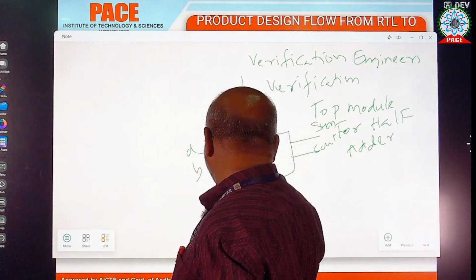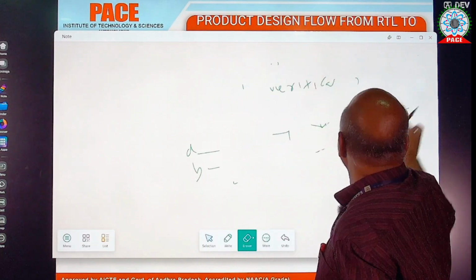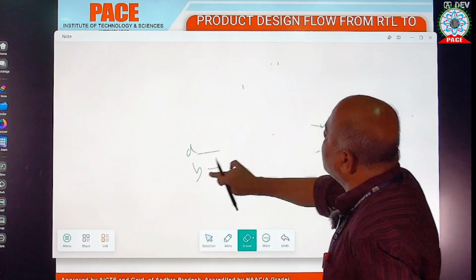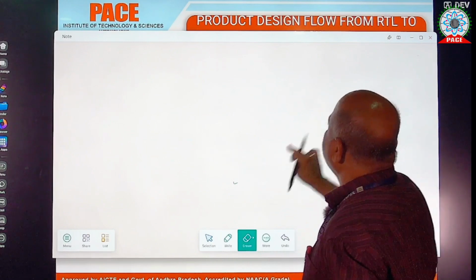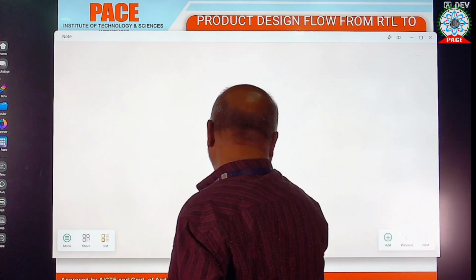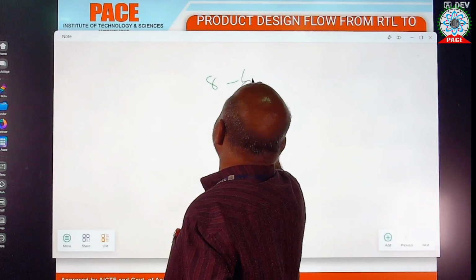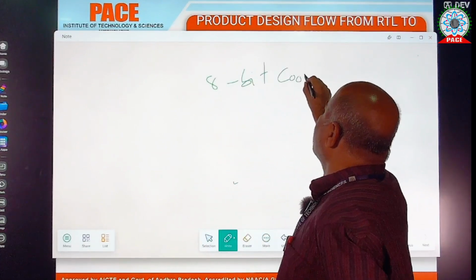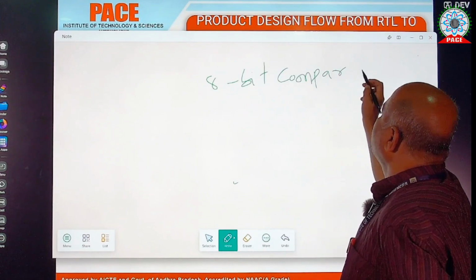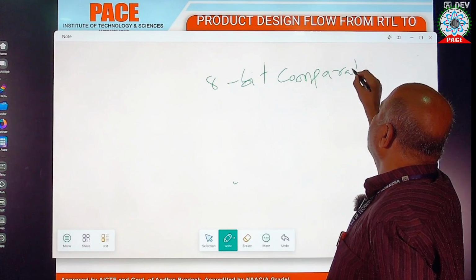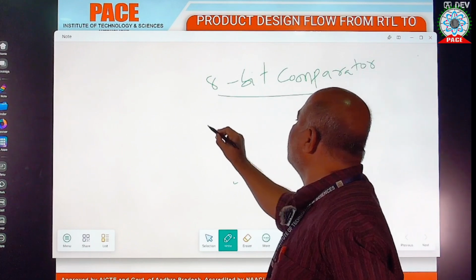I will write one 8-bit comparator here, and write the coding here. A module. What is the module name? 8-bit comparator.